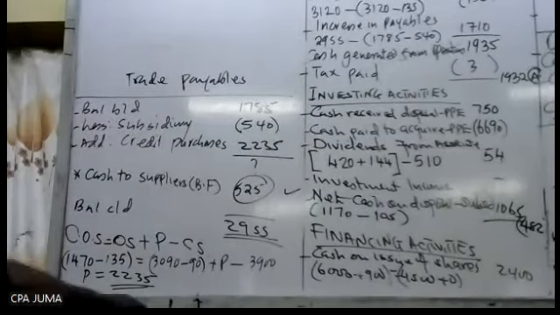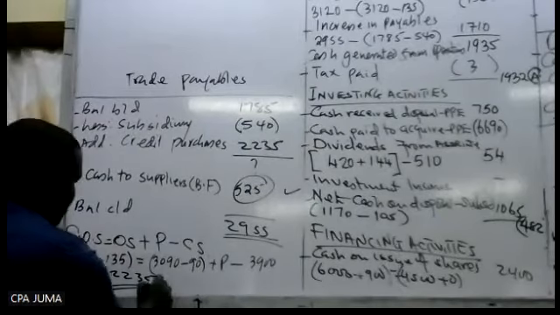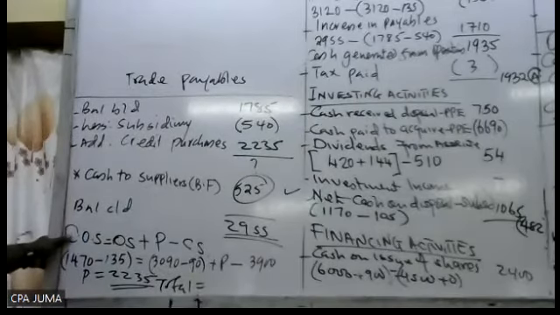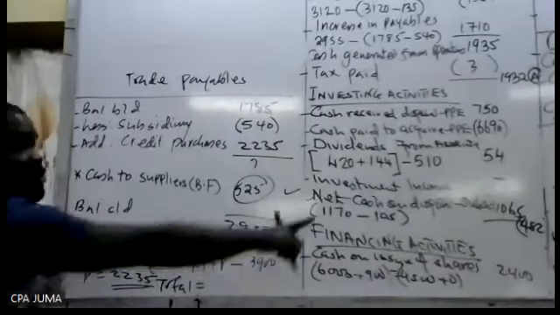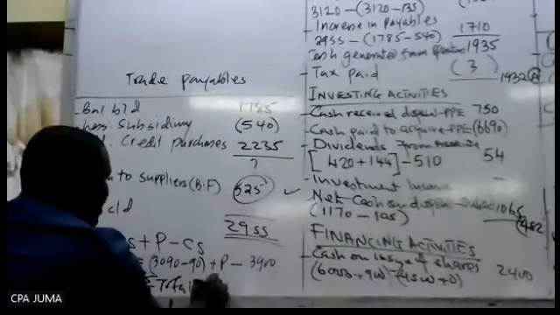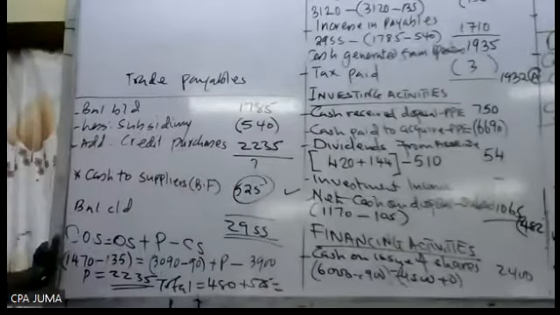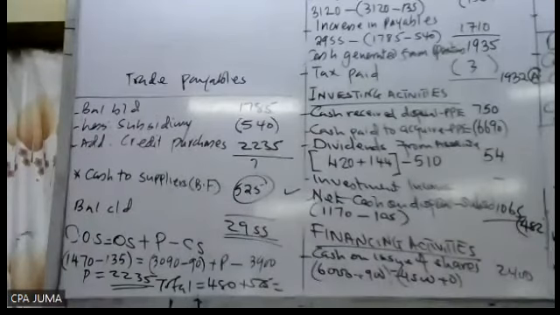So total paid, write down there, total will be employees was 480. You know, we need to combine the two. Employees we got 480. So you take 480 plus 525.